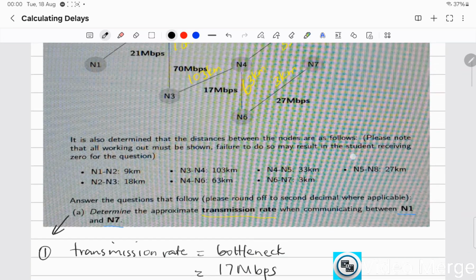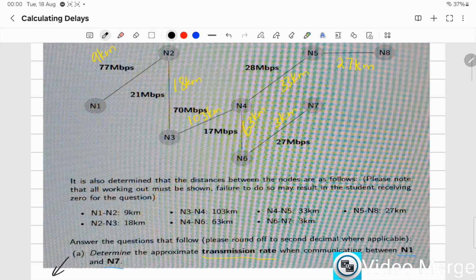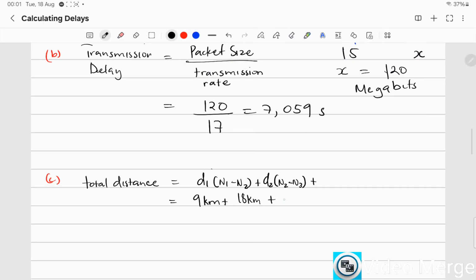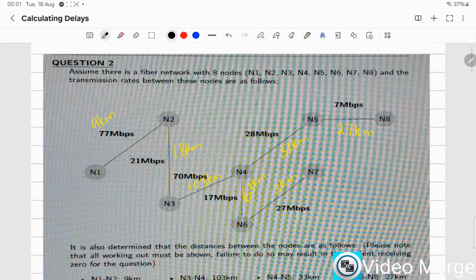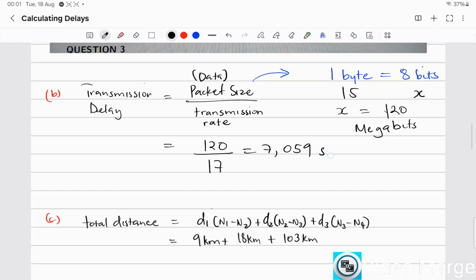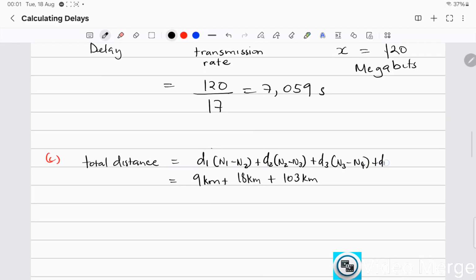And then the third distance is from N3 to N4, which is 103 kilometers. Distance number 3 is N3 to N4. And then distance number 4 is N4 to N6, and D5 is going to be N6 to N7.